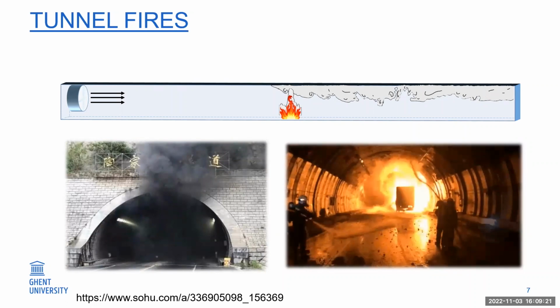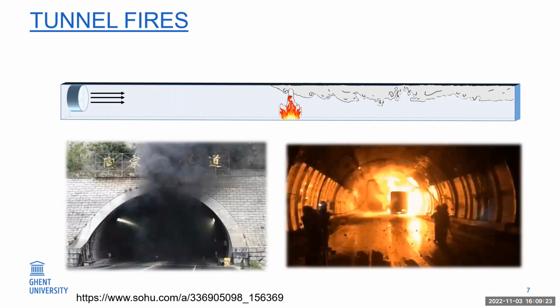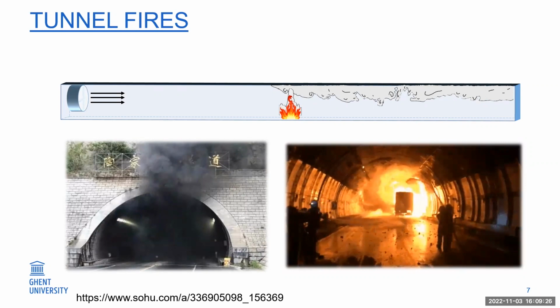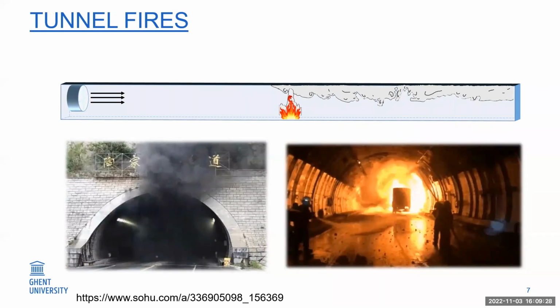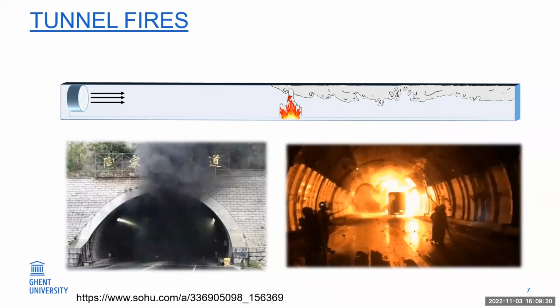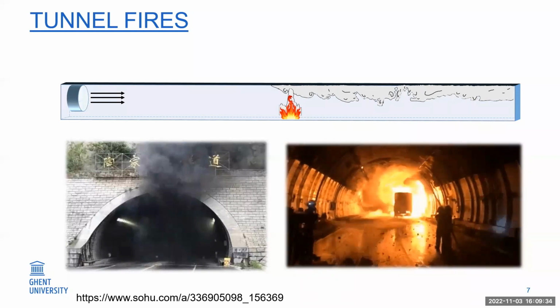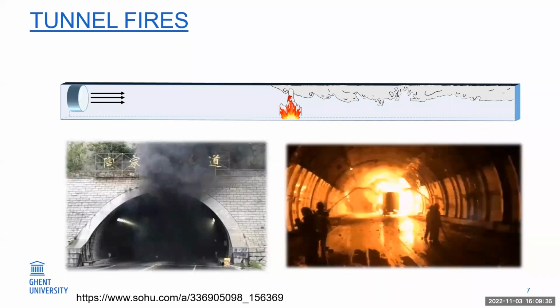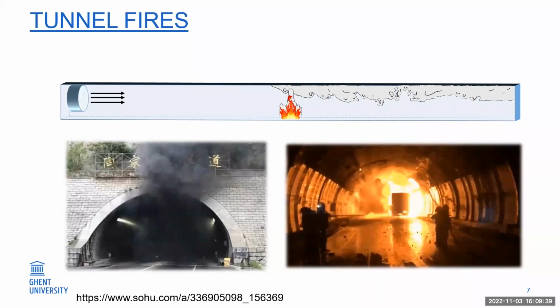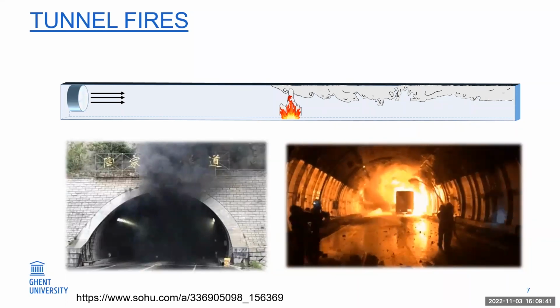An appropriate velocity can make the smoke just not spread upstream. This is the so-called critical velocity. The right figure at the bottom shows that if the smoke is controlled at the fire source, then the firefighter can easily get close to the fire source and extinguish the fire.